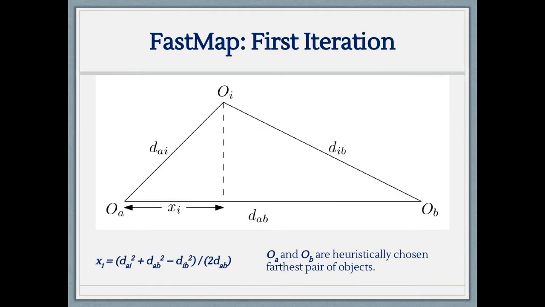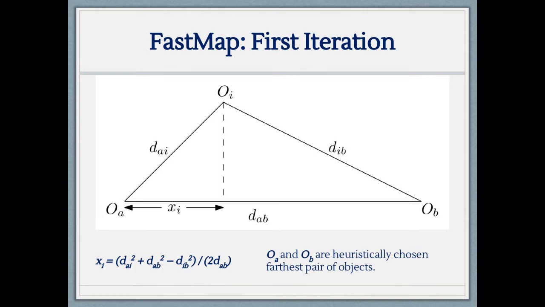Let's start with the coordinates for the first dimension. We first heuristically select 2 points A and B that are far apart. We call them pivot points. Note that they are heuristically chosen and they are not necessarily the furthest points. That would take longer, order of n squared comparisons, and the original FastMap data mining algorithm ran in linear time.